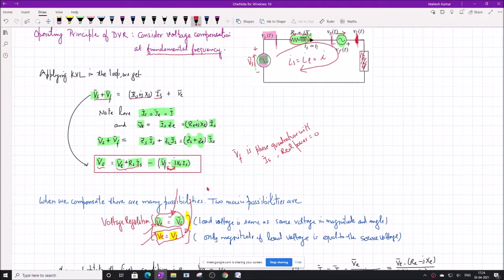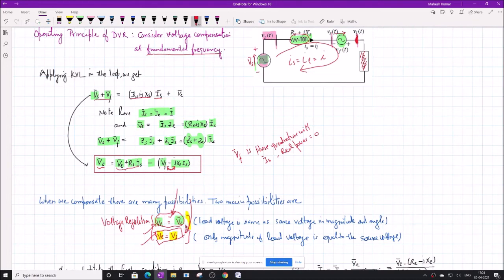Also, it is not of very good use that I should care for the voltage angle at the load bus. What we should do is maintain the voltage magnitude at the load bus.